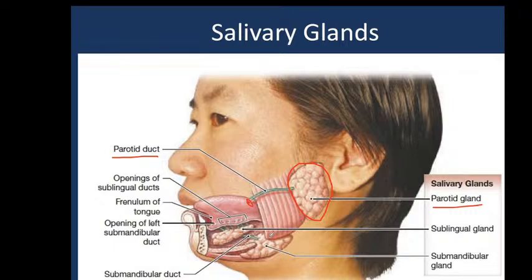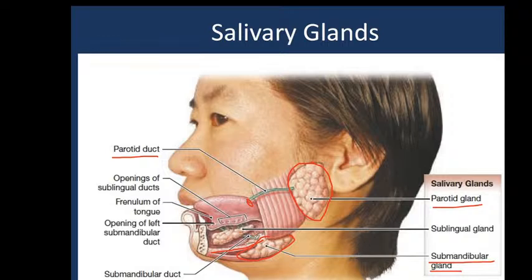Next one is the submandibular gland. These glands are found in the floor of the mouth along the medial surfaces of the mandible. Inferior to that are located the submandibular glands.